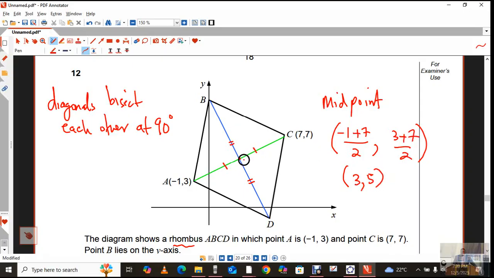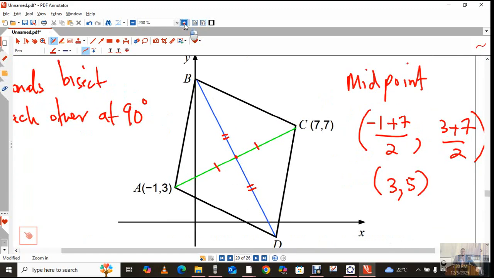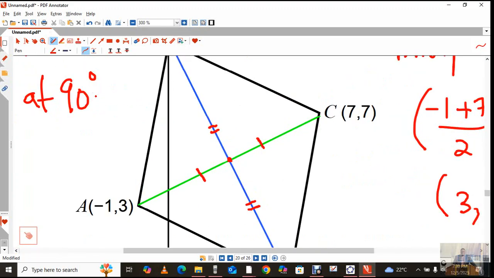So that point there is the point (3, 5). Okay, so let's see if we can blow it up a little bit to make our diagram a little bit friendlier. And I'm going to write here, it's 3. And this is my M.